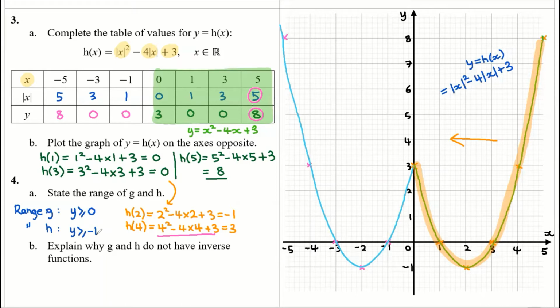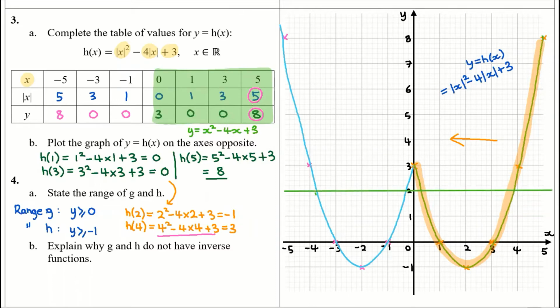And it also says explain why g and h do not have inverses. Okay, well, the simple answer to this is just to do with the mappings. So if you look at g, and I can just show you this really simply. If we take any y value, so let's take a y value going across here. We'll look at h first of all, because that's in front of me.